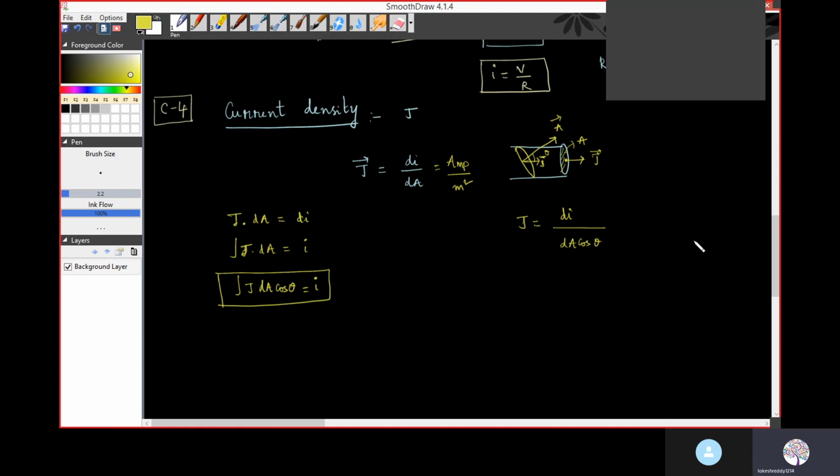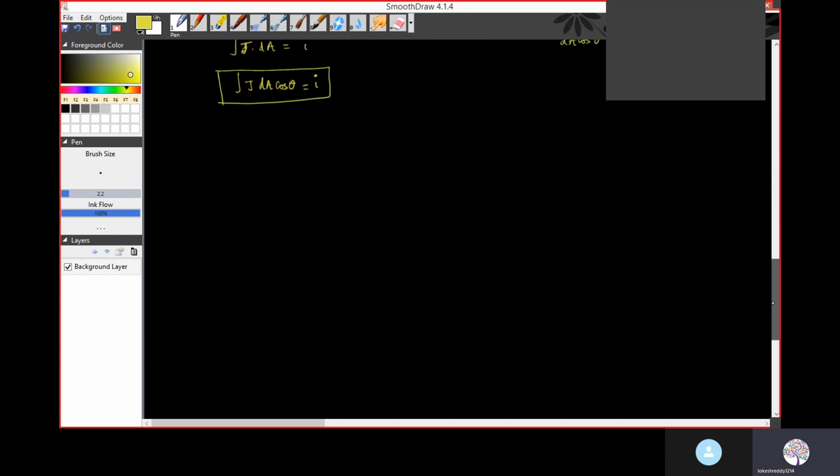Now, right, current density in terms of electric field.